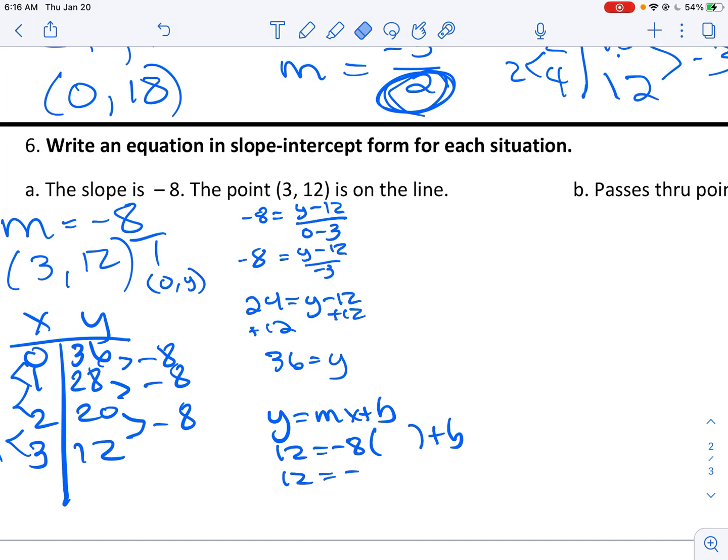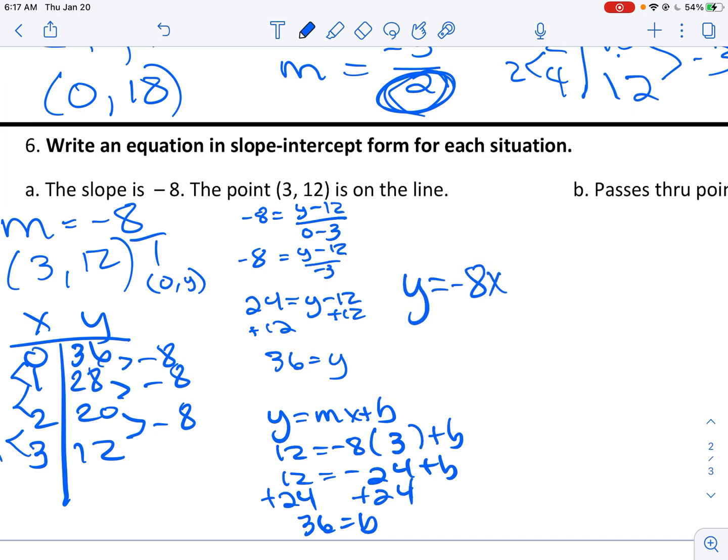We're not supposed to plug in 12 there. The x value is 3. Negative 8 times 3 plus negative 24. Oh, sorry, guys. So I get 36 is equal to b. So it doesn't matter which way we do it. We still end up with negative 8x plus 36.